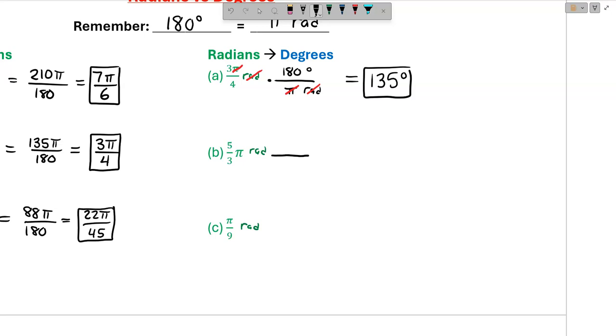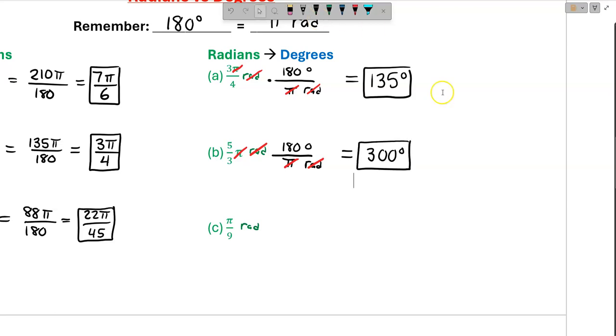Using this same idea, once again, we're going to multiply by degrees over radians, and it is 180 degrees over pi radians. So the radian unit cancels. Once again, the pi unit cancels. So ultimately, all we're doing is 5/3 times 180. And when I do that, we're going to get a value of 300 degrees.